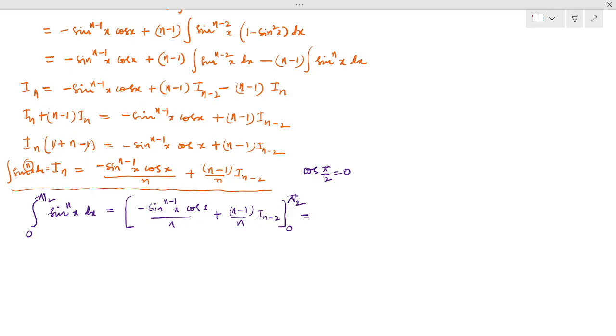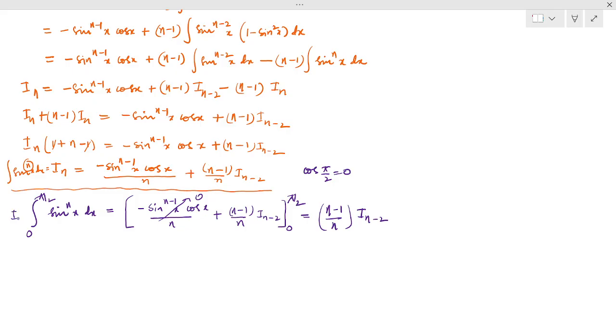So by substitution of the upper and lower limits, the first term vanishes. It becomes 0. Since the remaining term contains n, we have to keep it as it is: (n minus 1) divided by n times I_(n-2).